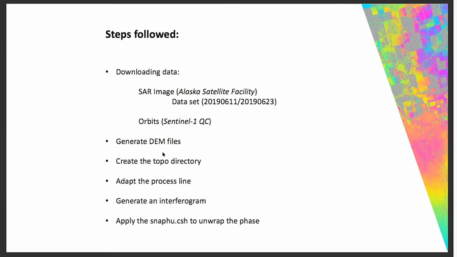After that, I followed the steps: generate the theme files, create a topo directory, adapt the process line, which makes everything. And I have to understand better because actually I'm new on this. I didn't say it, but I'm new. And generate an interferogram. Finally, I applied SNAPHU to unwrap the phase. Fortunately, it worked.